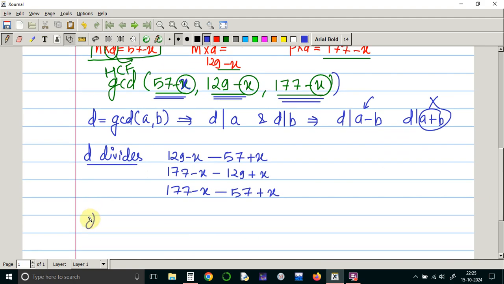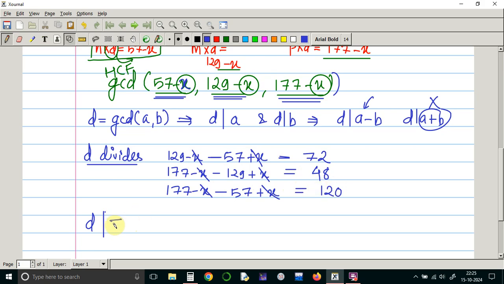So this means that d divides which three numbers? 129 minus 57 is 72, 177 minus 129 is 48, and 177 minus 57 is 120.